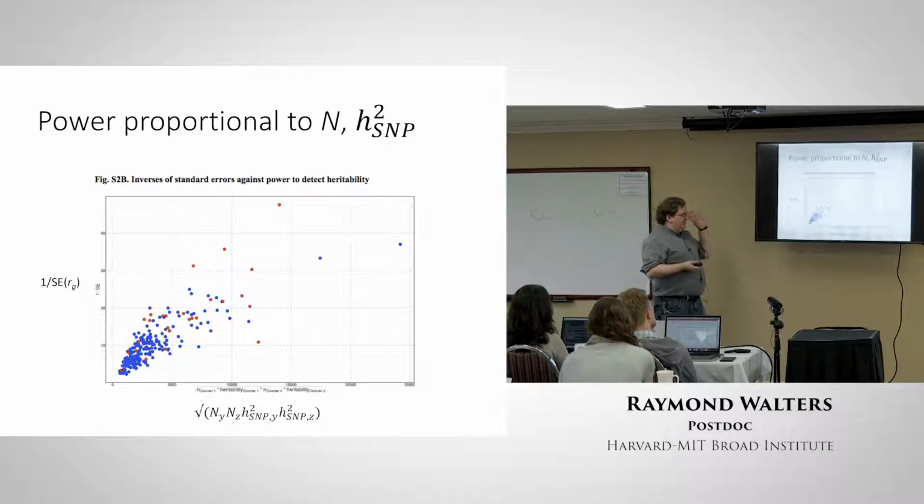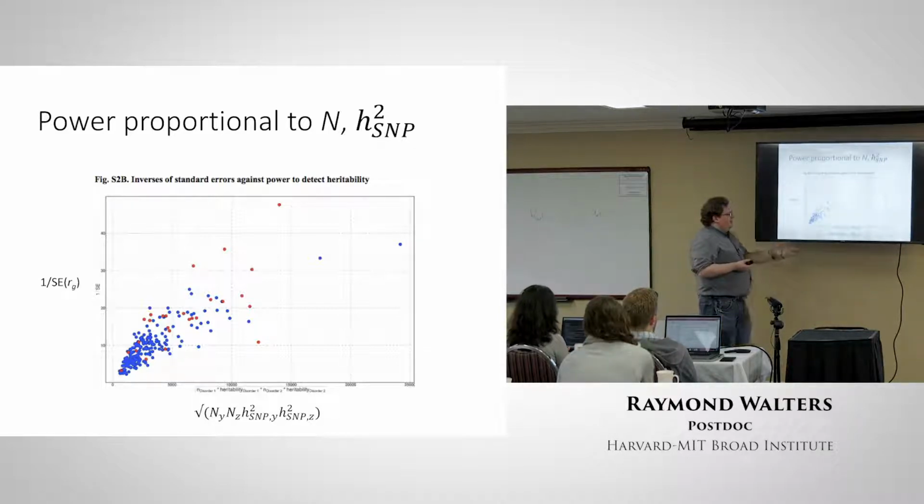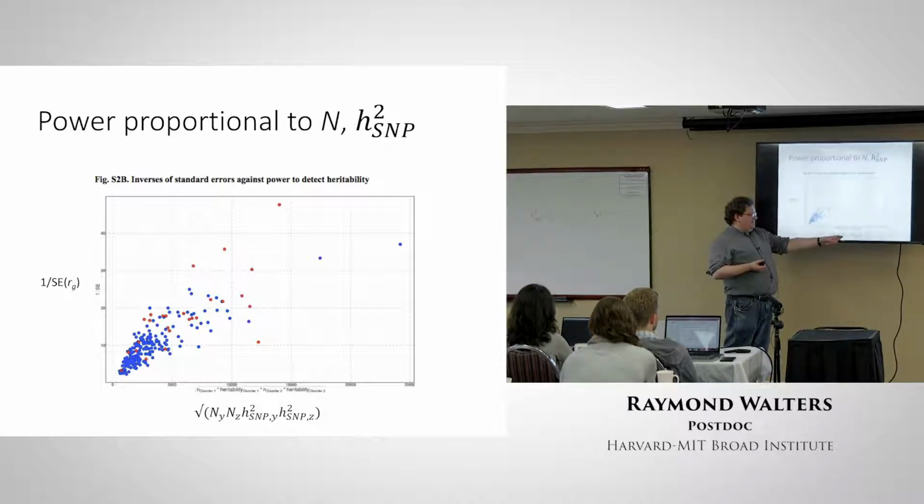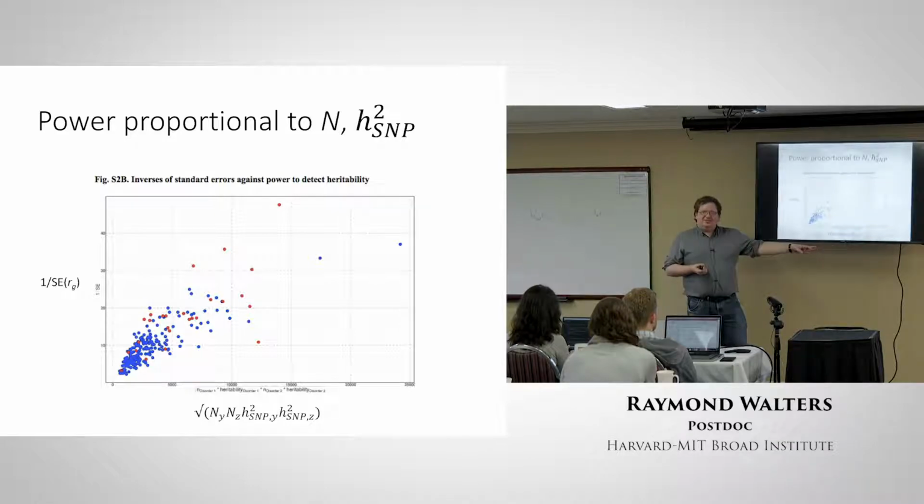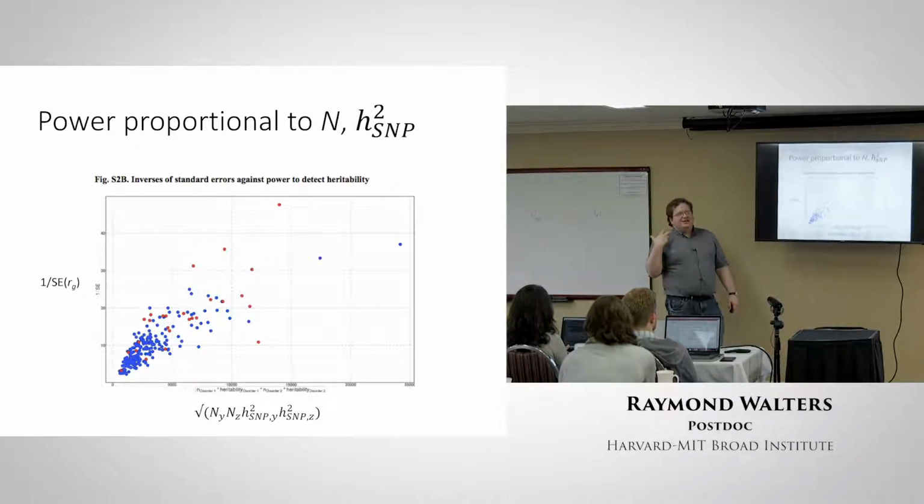The orientation here is that we're looking at the square root of the product of the sample sizes and the SNP heritabilities, as our rough metric for our intuition about what power in LD score regression depends on, against the inverse of the standard error here.